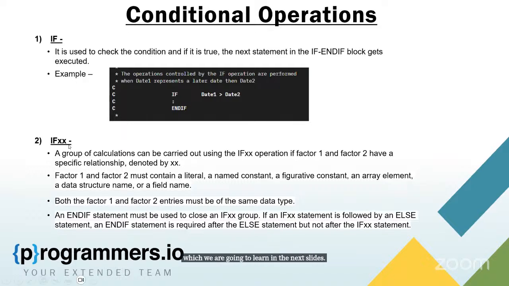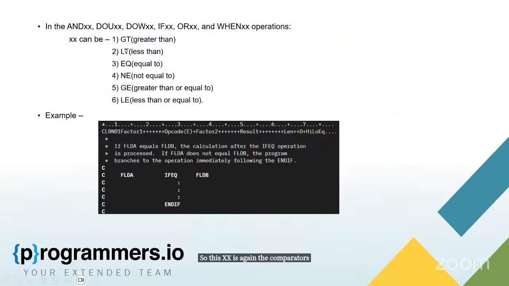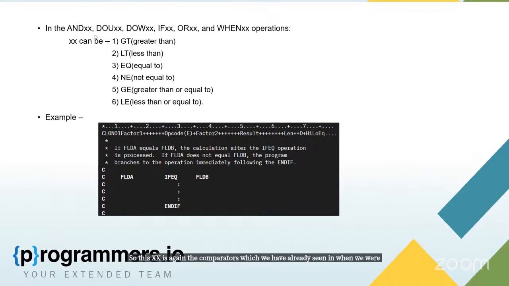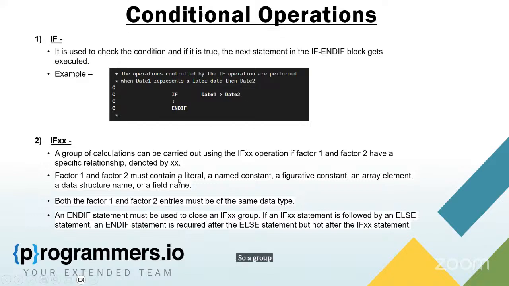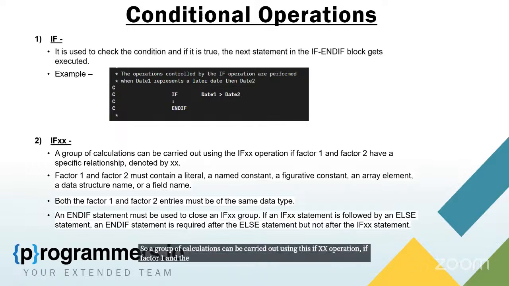Next up, we have if XX. This XX is again the comparators, which we have already seen when we were learning about the loops. So a group of calculations can be carried out using this if XX operation if factor 1 and factor 2 have some relationship between them, which can be denoted by this comparator.